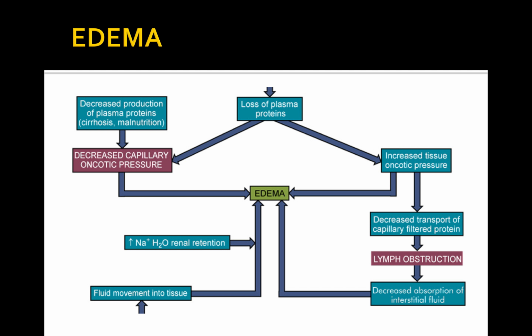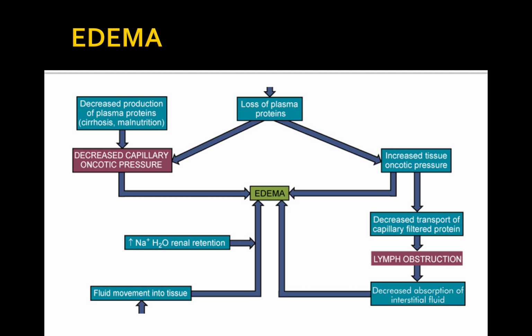And again, oncotic pressure attracts water from the interstitial space into the capillary bed. It's decreased, so the fluid goes into the tissue to cause edema. And then loss of proteins the other way, increased in tissue. Oncotic pressure, again, attracts water from the interstitial space back into the capillary, and when it's lost, that is going to cause edema.